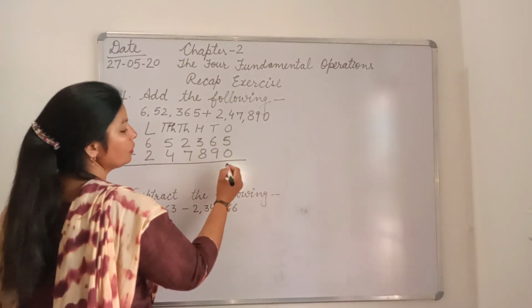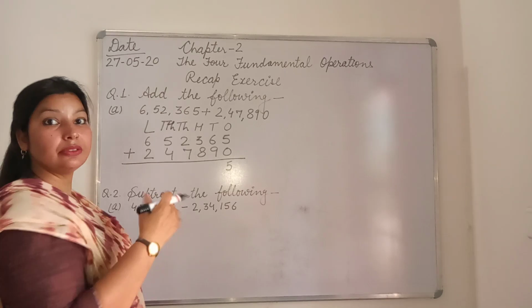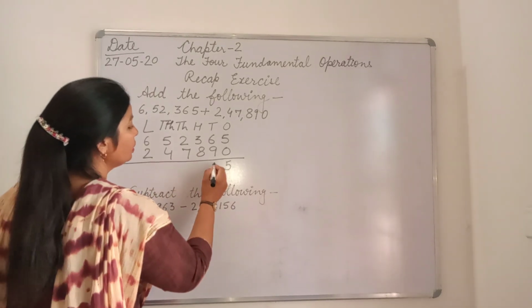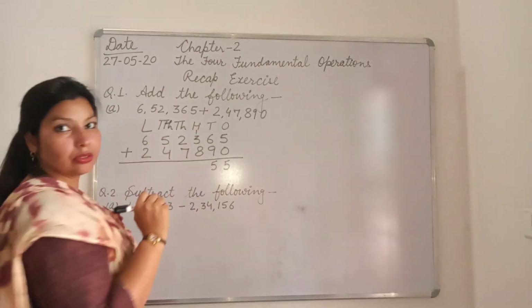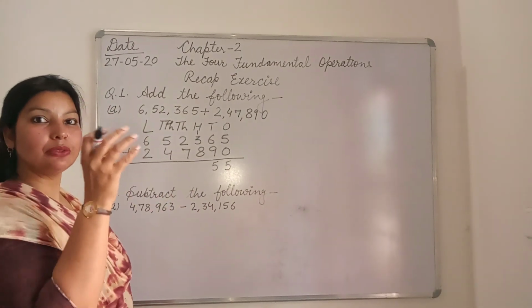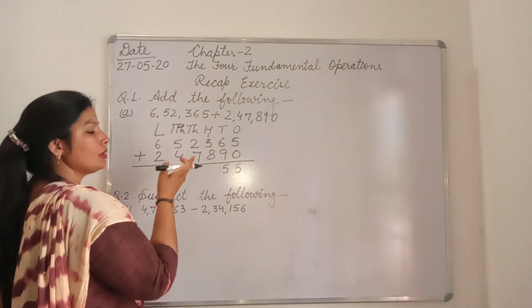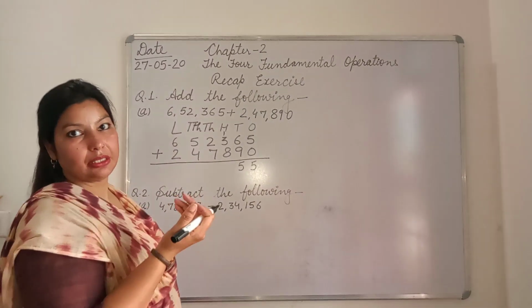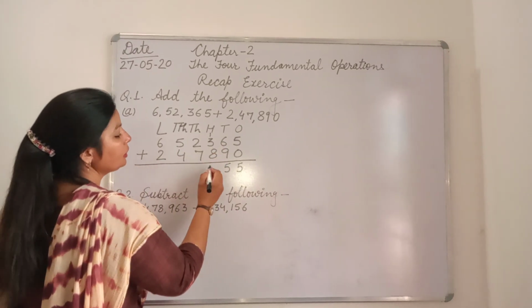5 plus 0, 5. Now 6 plus 9, that is 15. So write 5 here and 1 goes as carry to the next column, because when the sum has 2 digits, we write the ones digit here and the tens digit is always carried. Now 3 plus 1, 4. 4 plus 8, 12.